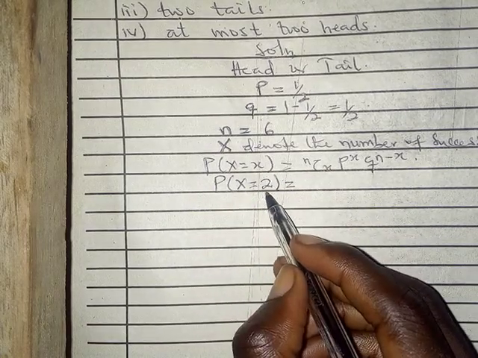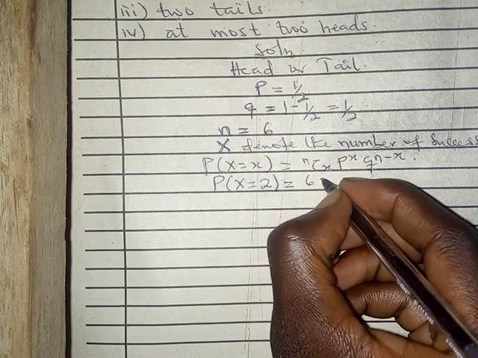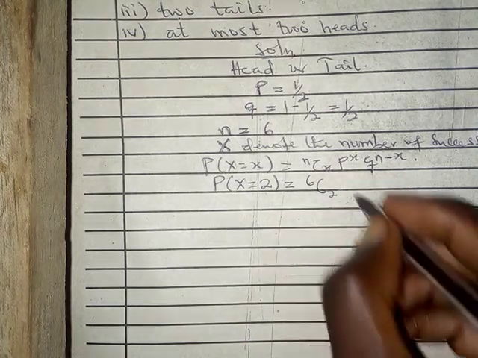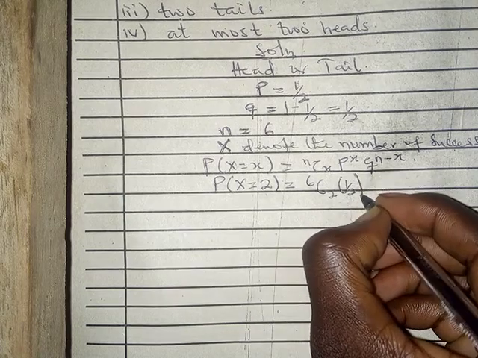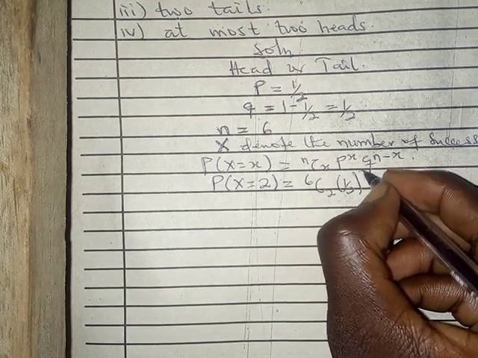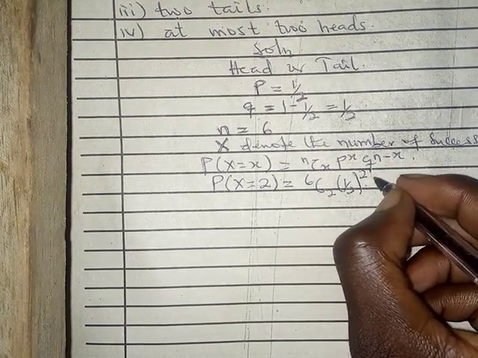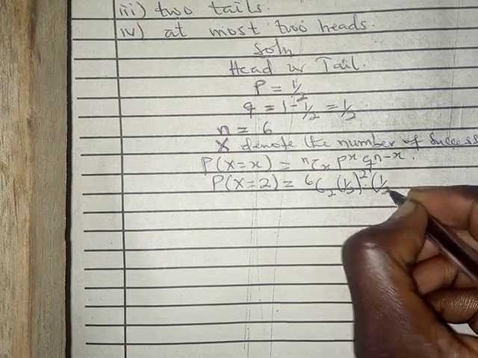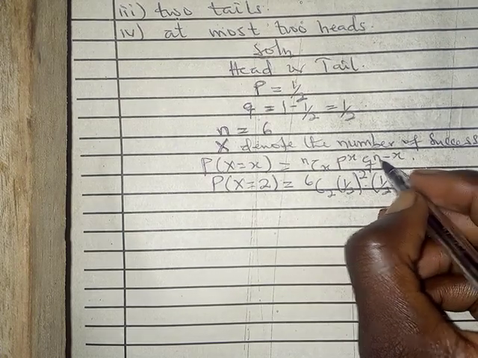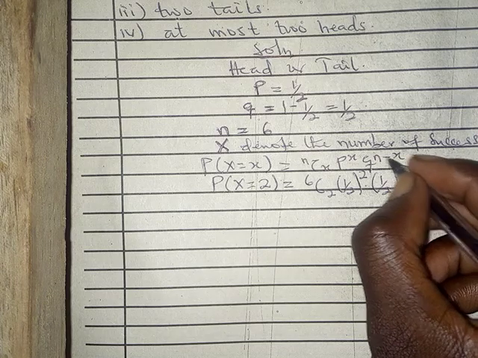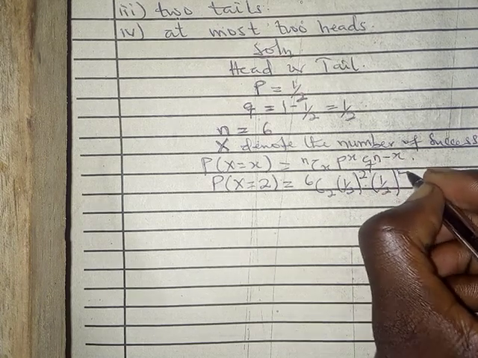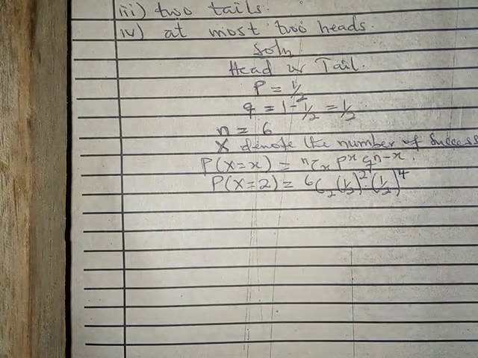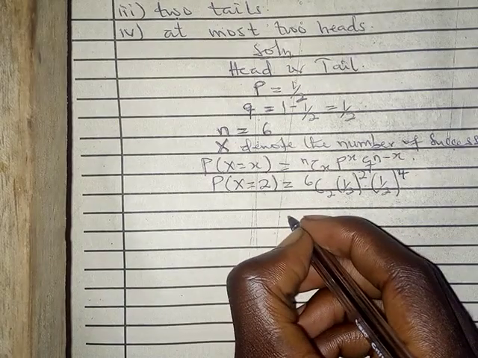We have 6 combination 2, then p, which is 1 over 2, half to the power of 2, and then times q, which is also half, to the power of 6 minus 2. This is n, so we have 6 minus 2, and that is 4. Alright, so this will give us that probability.